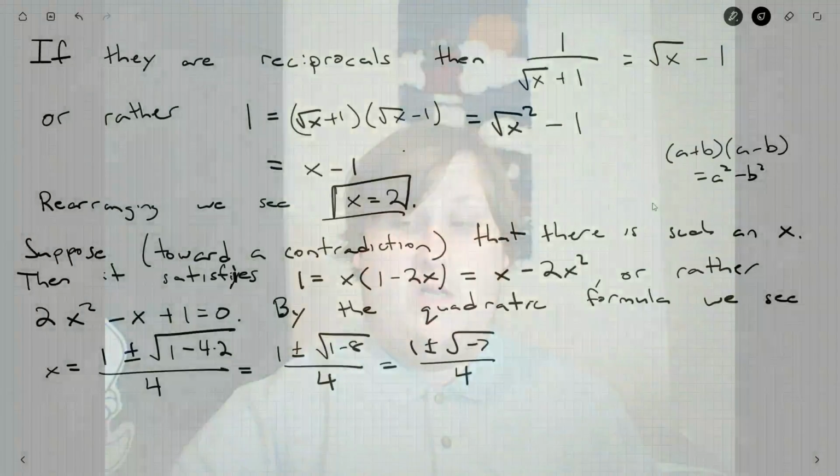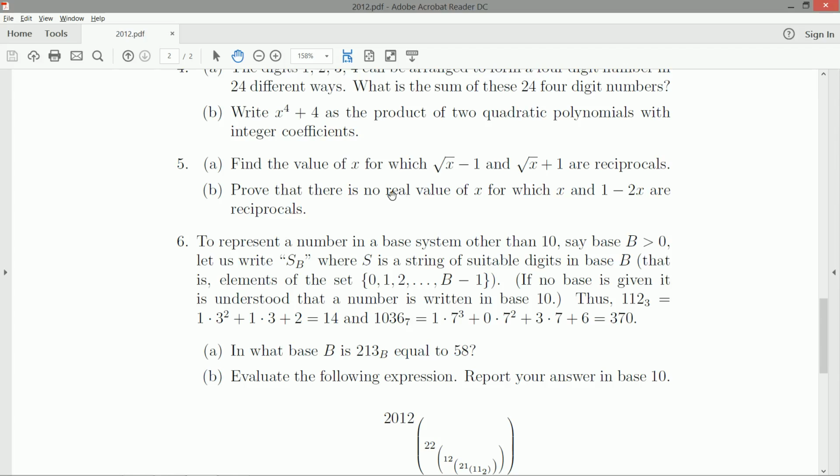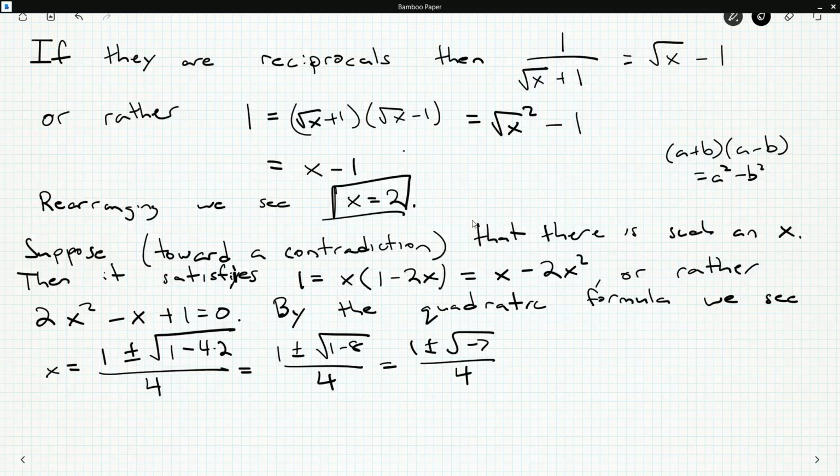So just remember, there are values of x that would make this work. However, they're asking for no real value of x. So since these aren't real values of x, we've got a problem.